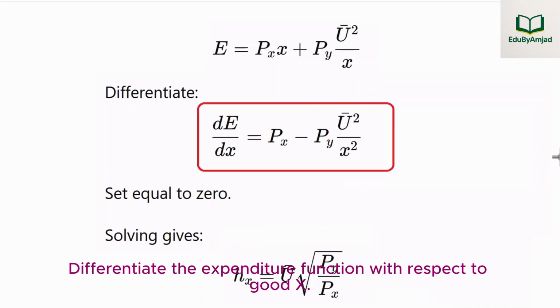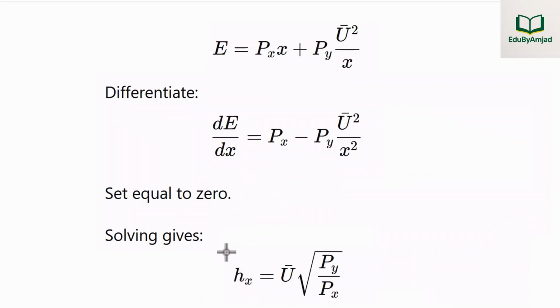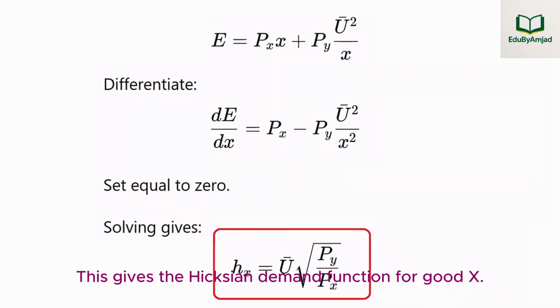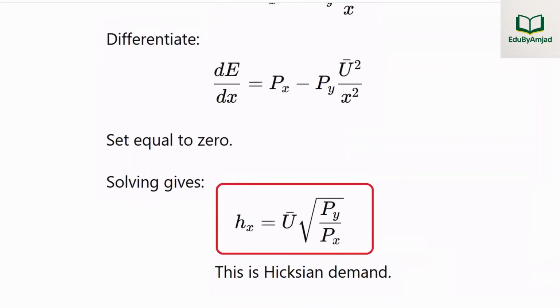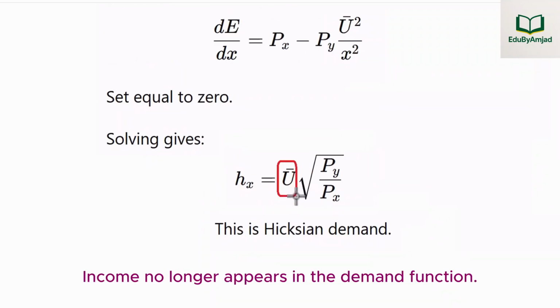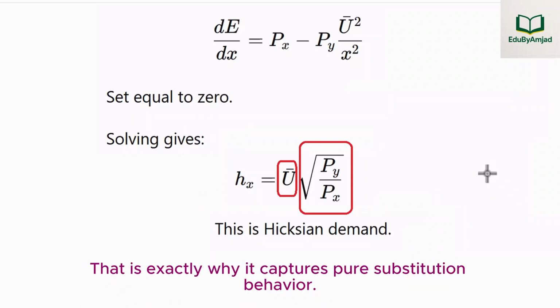Differentiate the expenditure function with respect to good x. Set the derivative equal to 0 and solve for good x. This gives the Hicksian demand function for good x. Notice something important. Income no longer appears in the demand function. Hicksian demand depends only on the target utility level and prices. That is exactly why it captures pure substitution behavior.